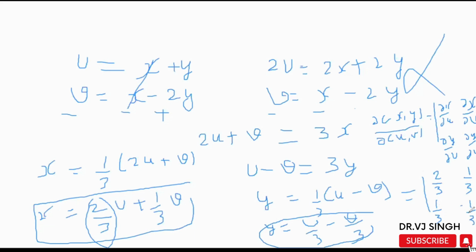So we multiply these. What do we get? 2/3 times minus 1/3 is minus 2/9, and when we reverse it, minus 1/9. So by adding, this is minus 3/9, which is minus 1/3. So this is the value of the Jacobian. But we take the modulus of the Jacobian, so the magnitude becomes 1/3.